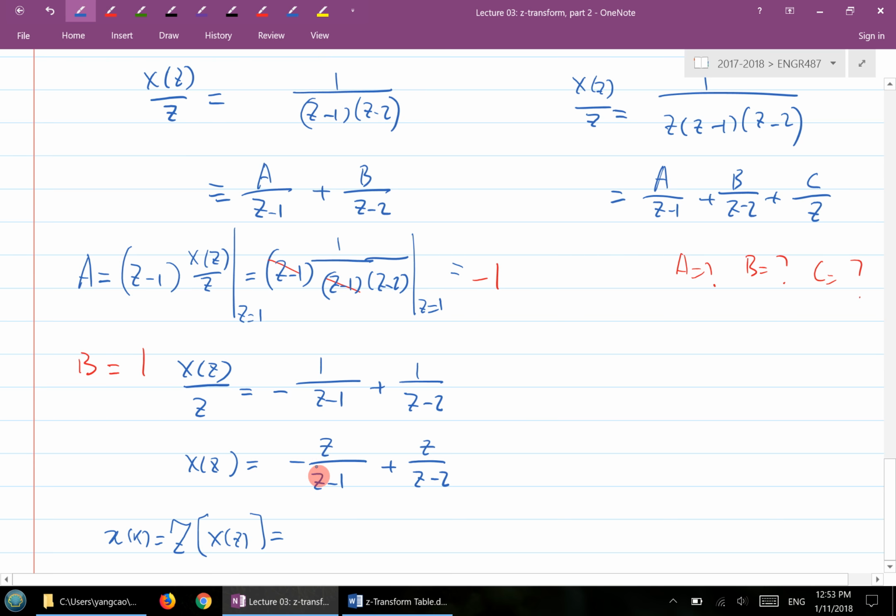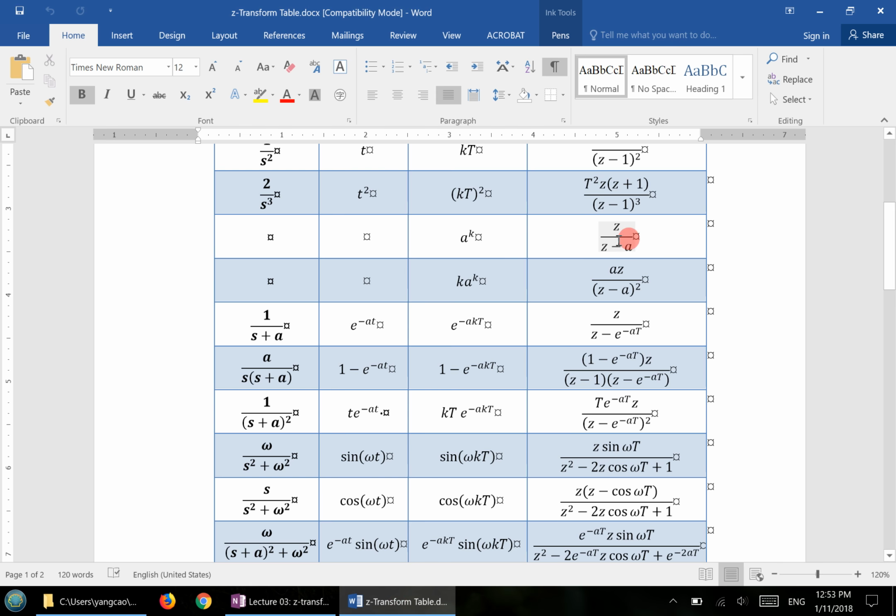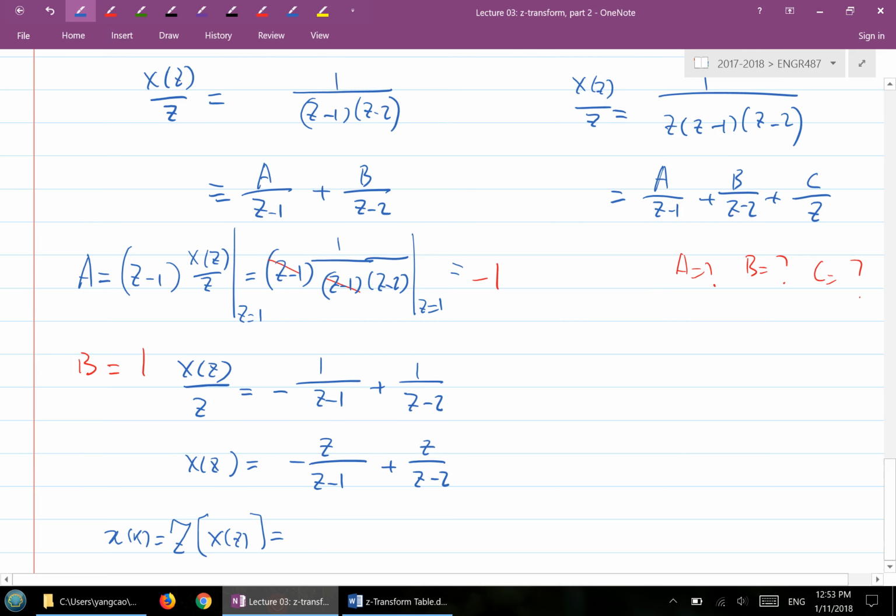Now you can use the table to find this and that. So here's the table right here. This negative term is just 1 to the power of k, which is always 1, so negative 1. And here is z over this, so it's 2 to the power of k.